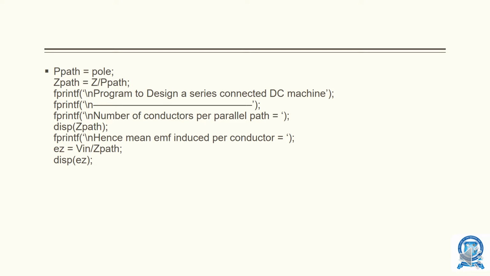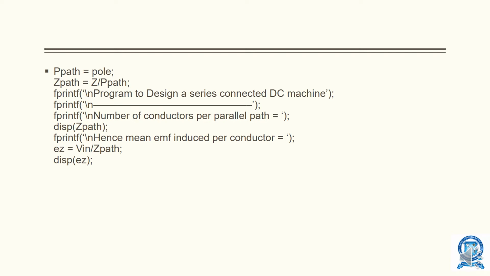The fprintf statement is what you use to print in the output screen. This is the syntax: fprintf open bracket, then the text you need to display in the output screen, and you close it with a semicolon. So this is the syntax.